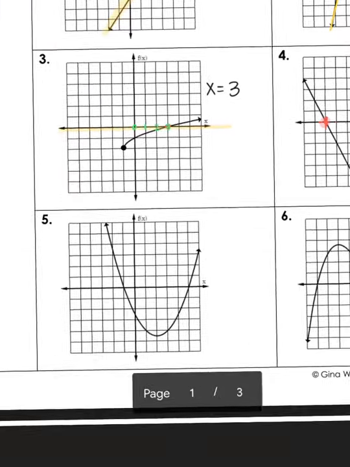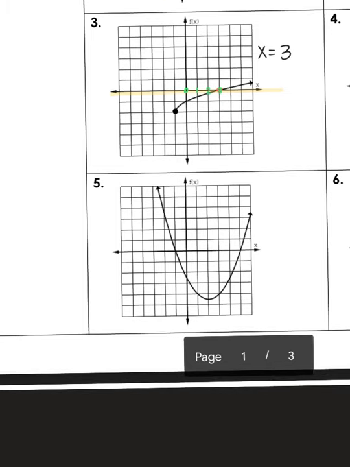All right, let's look at number 5. Here, this graph has 2 zeros, 2 places where the graph crosses the x-axis. So we see it here at x equals, and then this is -1.